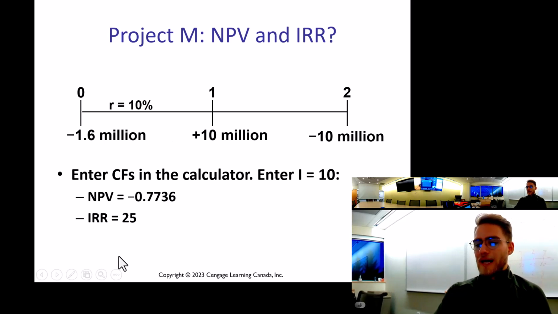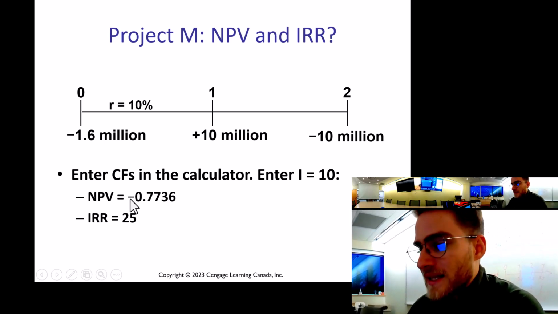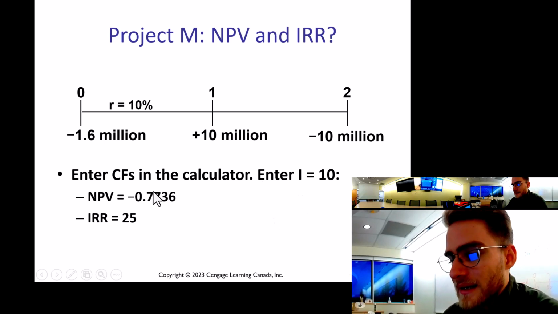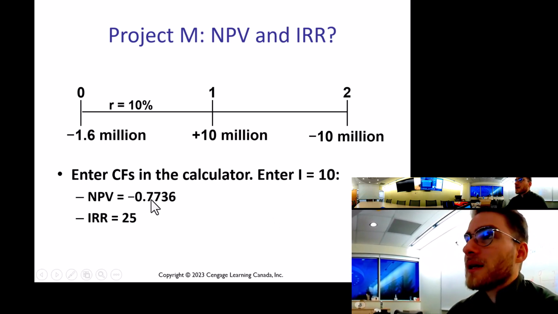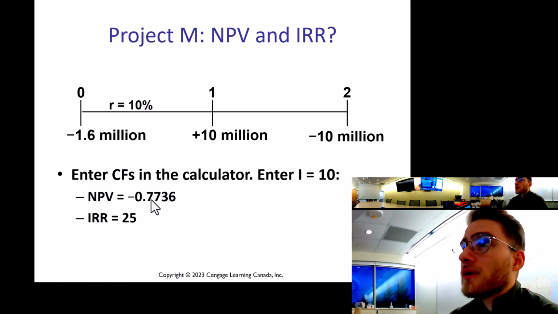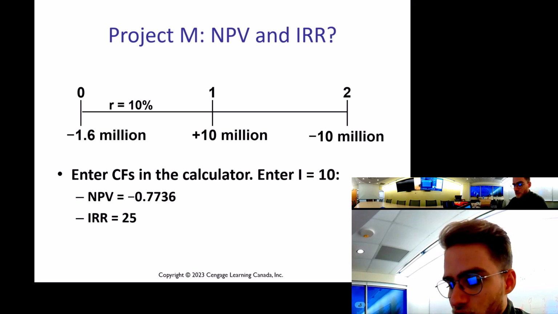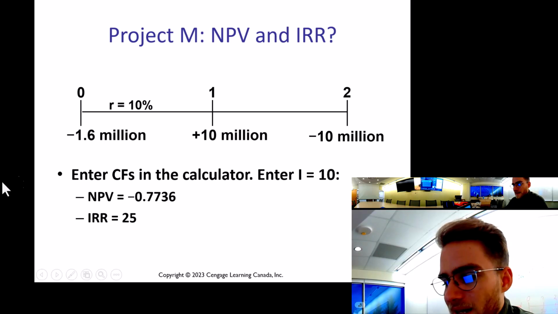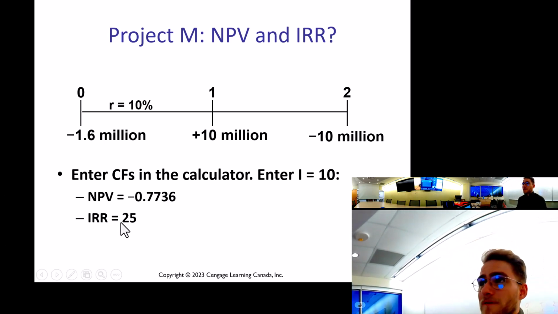So we do our NPV, and we can do this in Excel. If we did the NPV on this project at that 10% rate, we would get negative $0.77 million. So this would generate negative value for the firm to the tune of about $774,000. If I did an internal rate of return though, my IRR is 25%.